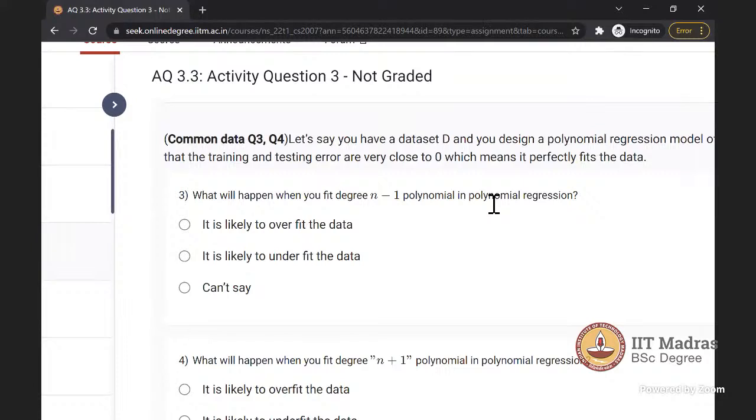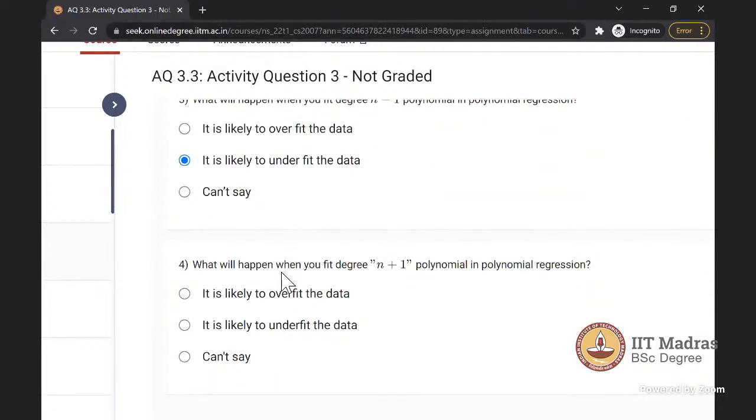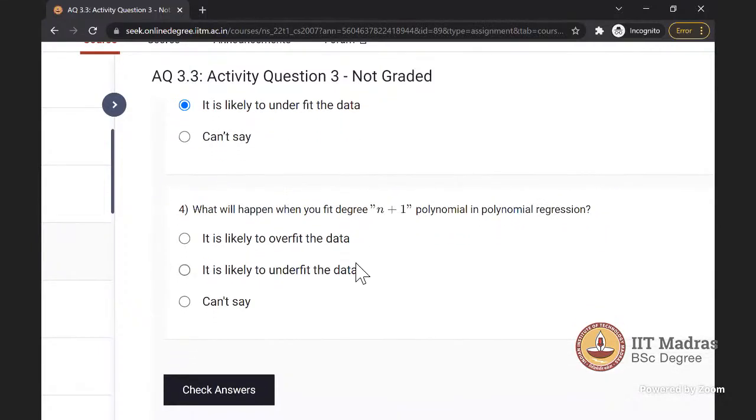I think this is very close to what we discussed in activity 3.1. It will underfit. Exactly, it is going to underfit. What will happen when you fit a polynomial model of degree n+1? Question number 4. Yeah, it will overfit the data.